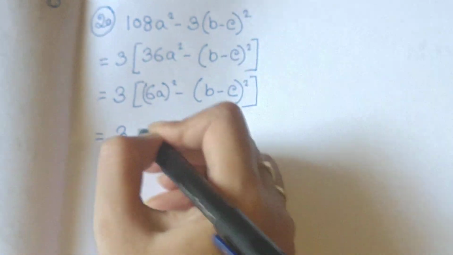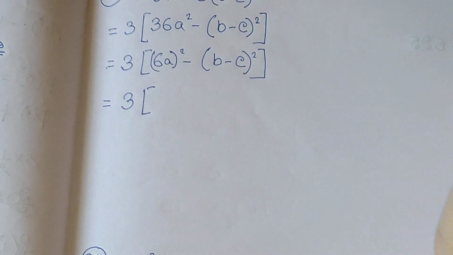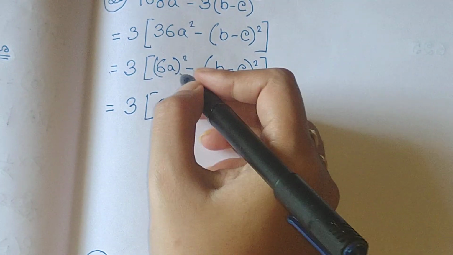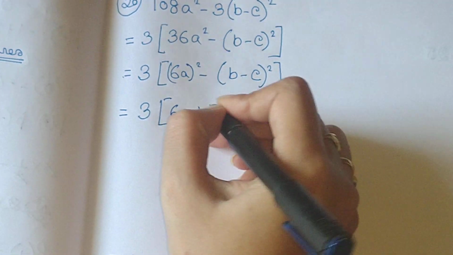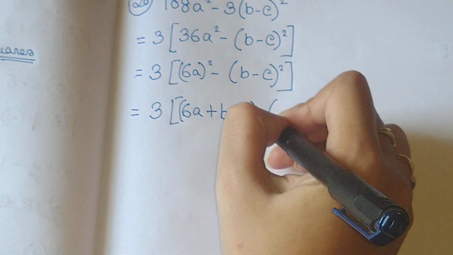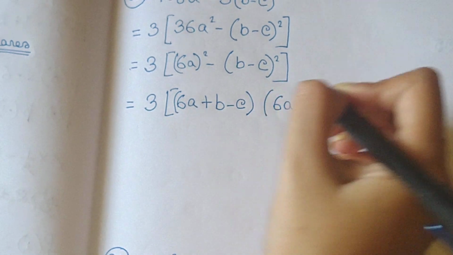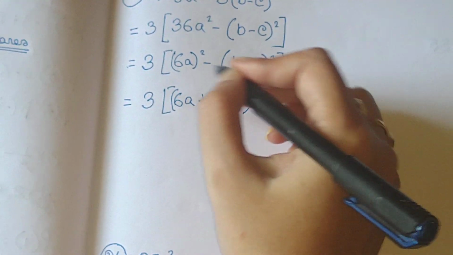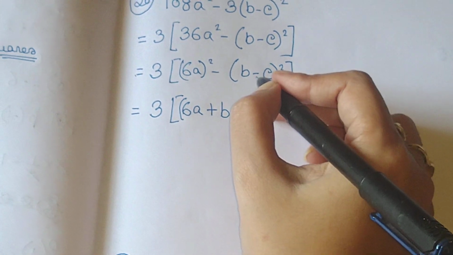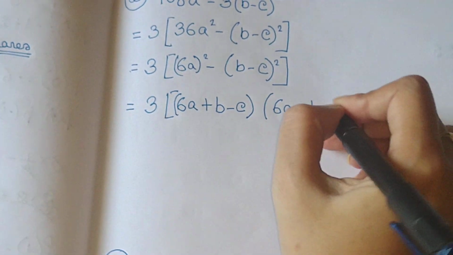So this can be written as 6a, that is a plus b minus c, and 6a minus b. Since minus sign I am introducing, this minus sign will be changed to plus sign.